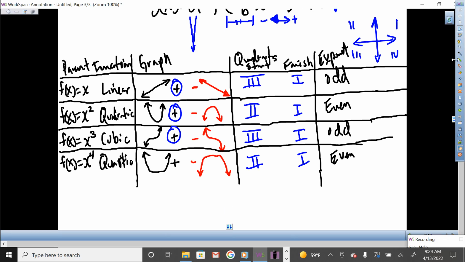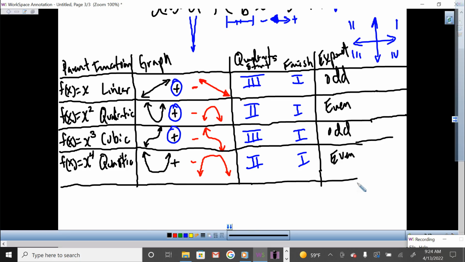All right? So, next. Pass someone, Chantal, next parent function. Andres, f of x equals x.